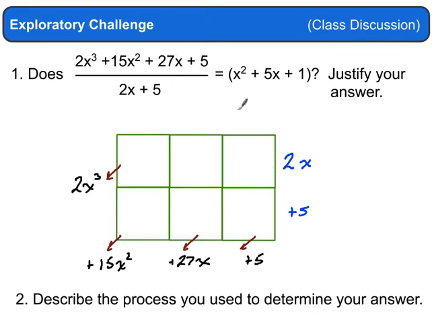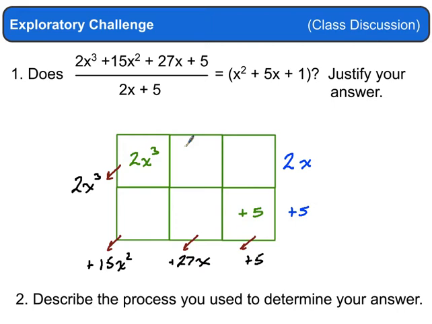Would it be x squared plus 5x plus 1 or not? So we're kind of undoing what we've done. So for example, we know that this 5 would go in this box. So we would have a positive 5. Likewise, in the other corner, because this is the only like term for this arrow, we know that 2x to the third would go here.